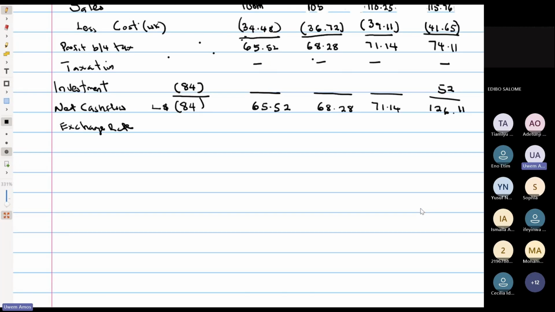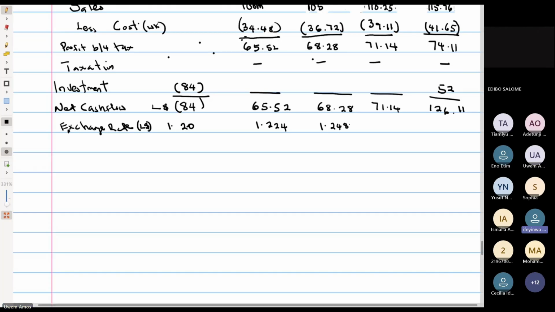So at the beginning of the year, it is 1.20. The next year, it is 1.224. Don't forget our exchange rate is Nigerian dollar. The next year, it is 1.2485.